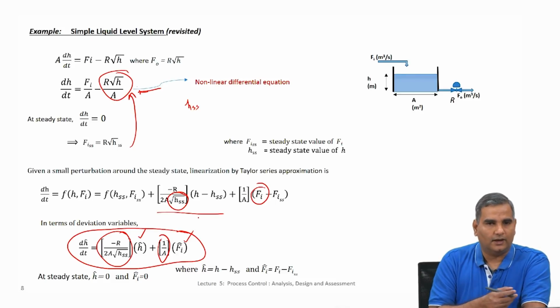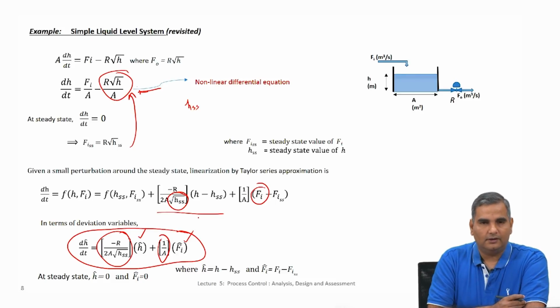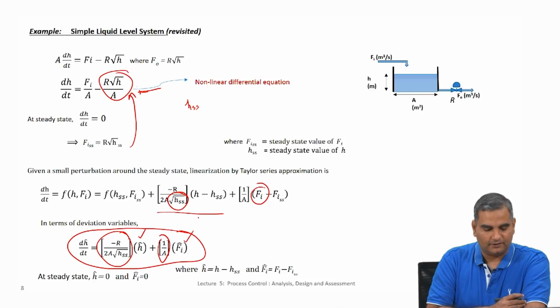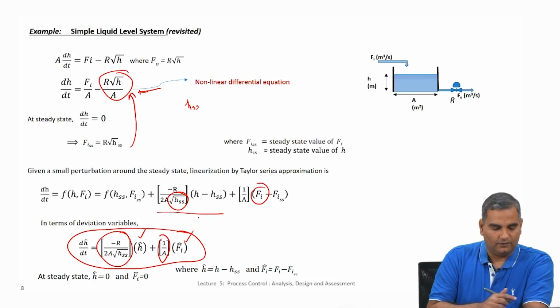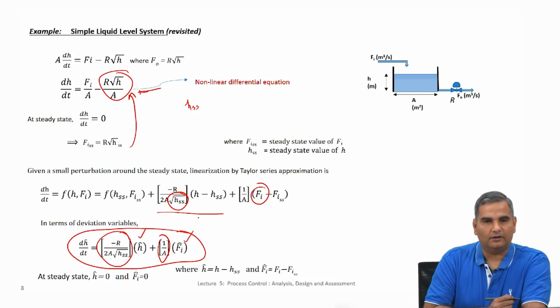Once you have a nonlinear model, do Taylor series approximation to get it into a linear form, write the equation in terms of deviation variables, and then you will have a final form, a linear differential equation model that relates the inputs and outputs.